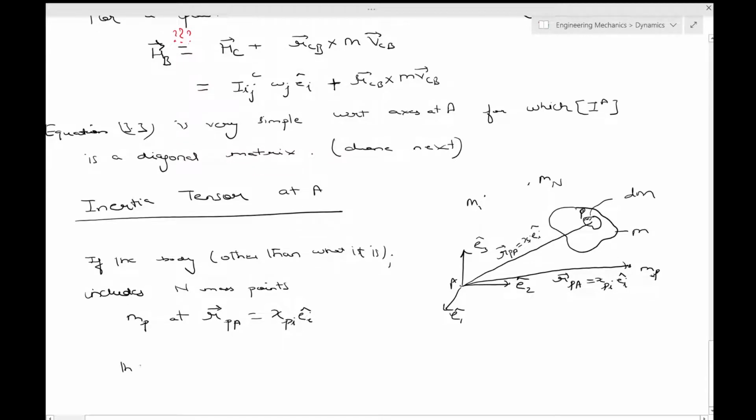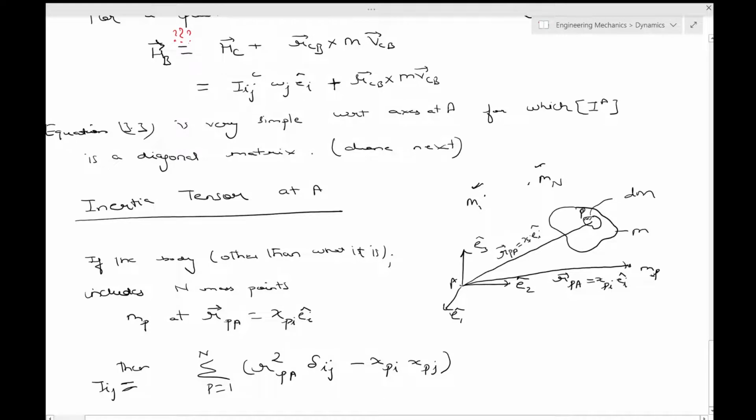then this summation for p equal to 1, the first point, to p equal to n, the nth mass, of r_pA square delta ij minus x_pi x_pj. I'm just writing this ijA term for all of these masses.